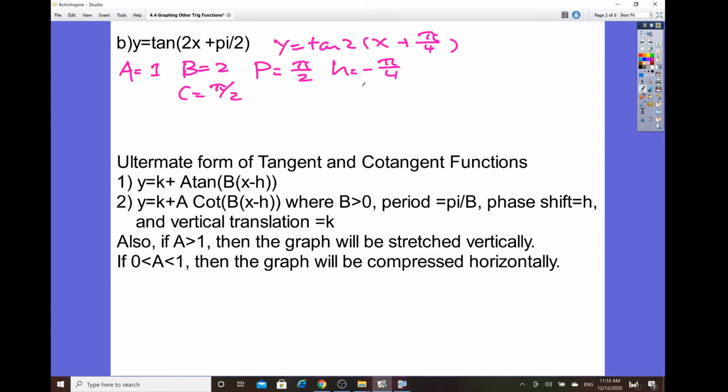And then the way to define h, similar, negative pi over 2 divided by 2, which is what? Negative pi over 4. And then the one cycle test, from negative pi over 2 to pi over 2.